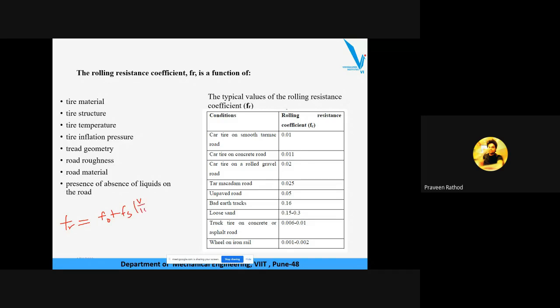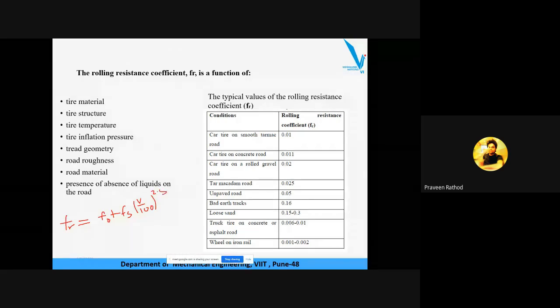This is the standard formula for a passenger car. I have not created anything over here. This is the standard formula for a passenger car on a concrete road. Here V is the vehicle speed in kilometers per hour.